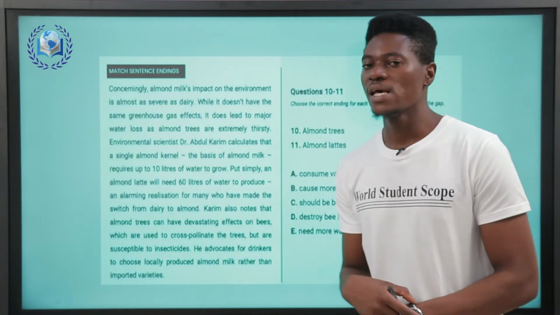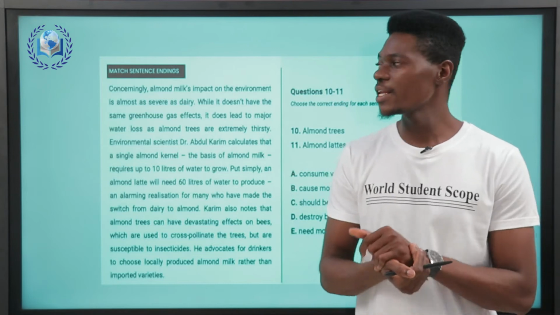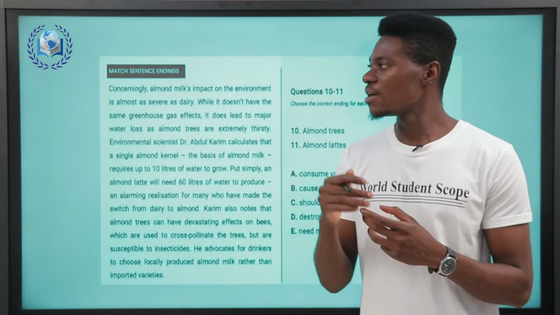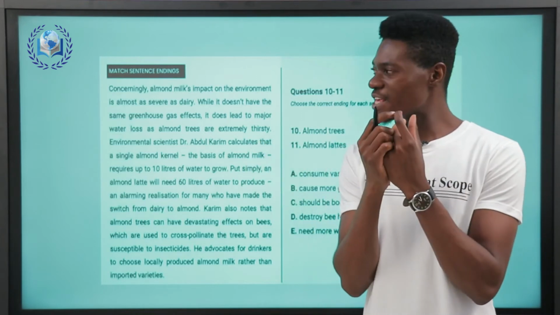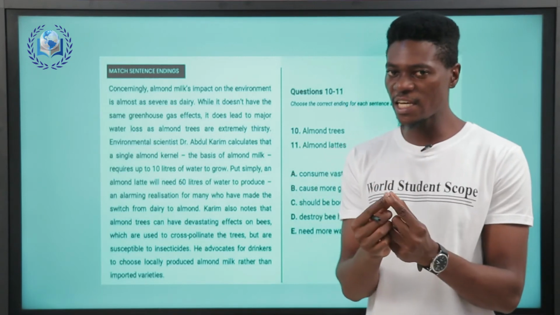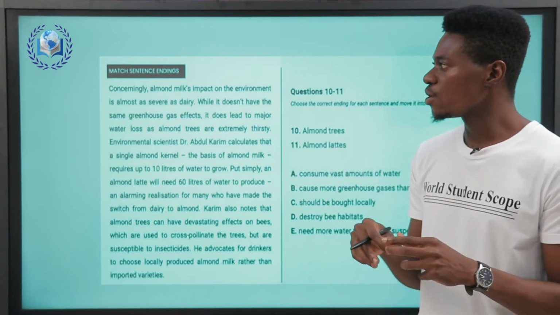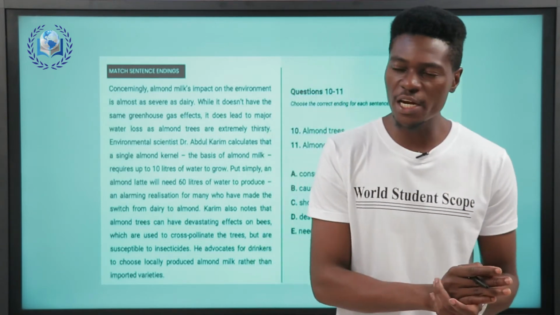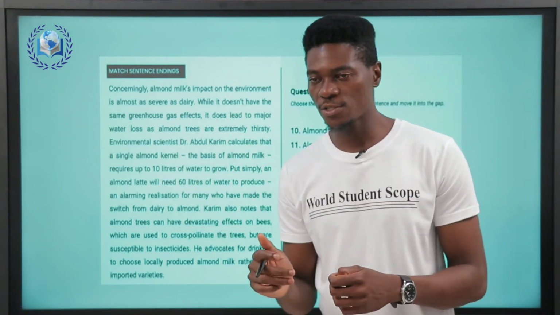Next question, sentence completion type of question. Match sentence endings. So we are matching the endings of the sentence. You will be given a sentence, but you have to match the ending of the sentence in comparison to the question and from the passage.